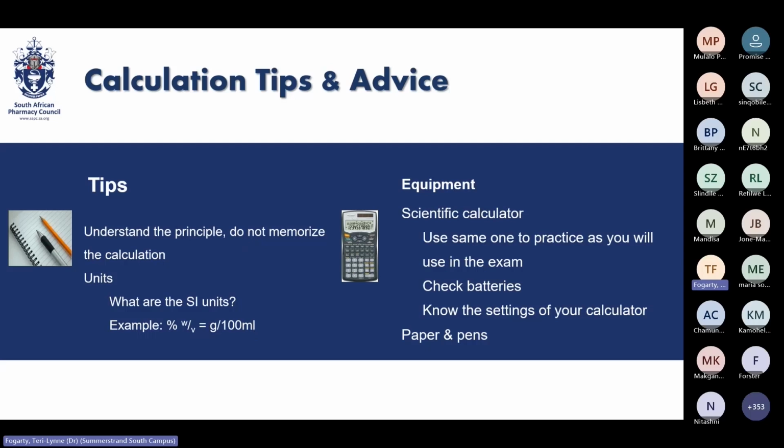That is the understanding of percentage W over V. If it's V over V, volume per volume, what does that mean? If it is weight over weight, what does that mean? So it's important to go and revise your units and understand what these symbols are and what they mean.